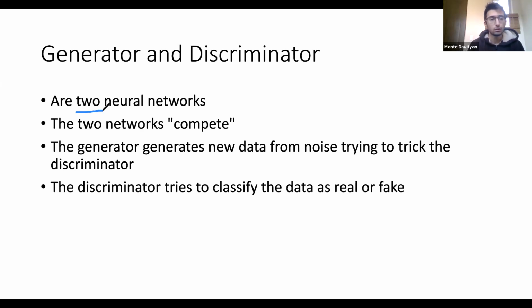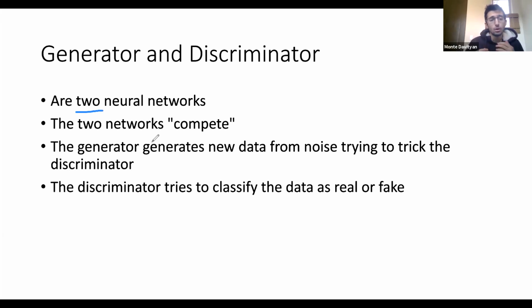Before we had only one neural network. We would input some input, give us some output, and that was only one neural network essentially. We have two in this case, and we'll see why we need it, and we'll see it's a pretty cool application of neural networks.